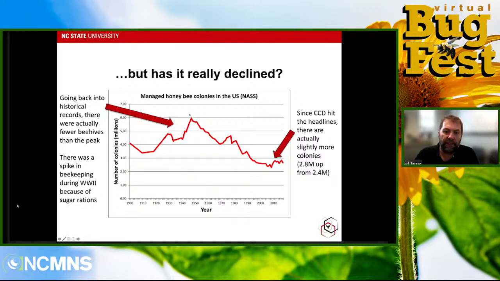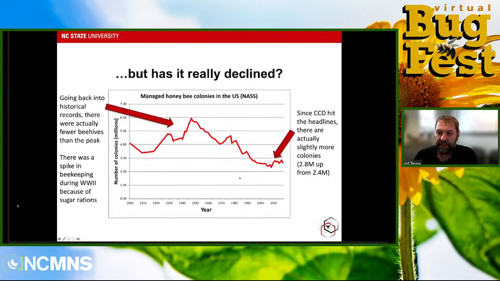And the reason that there was a peak in the number of beehives in the US during and after World War II is that there were sugar rations for the war effort, and most of the sugar was being transported over to the troops. As a result, in order to get sweeteners back at the home front, keeping bees became really, really popular. And so there was a spike in World War II. And so taking the long-term trend from that peak is a little bit misleading.